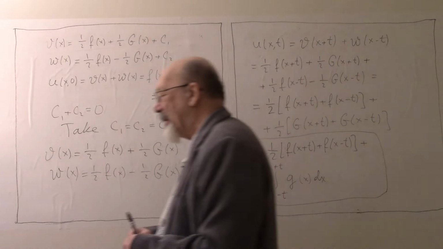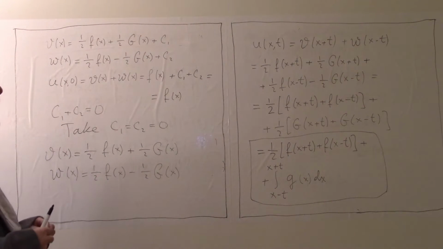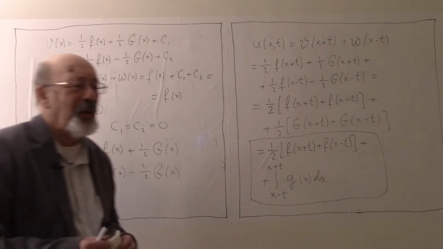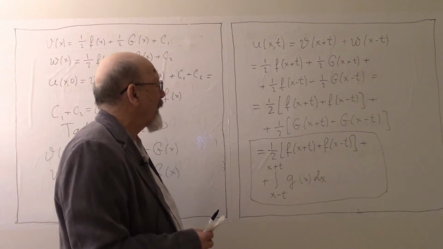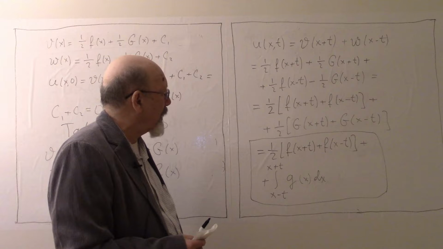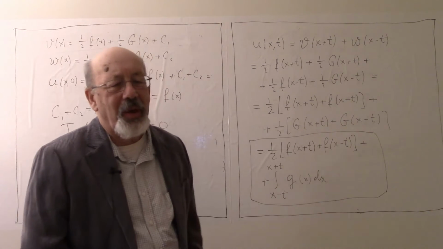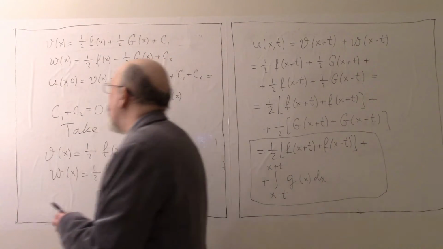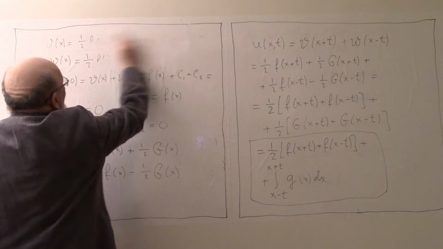Now what is next? We will extract useful information from this. If you have just this formula, it is of little use if you don't imagine how the solution looks. So let us consider a couple of examples.